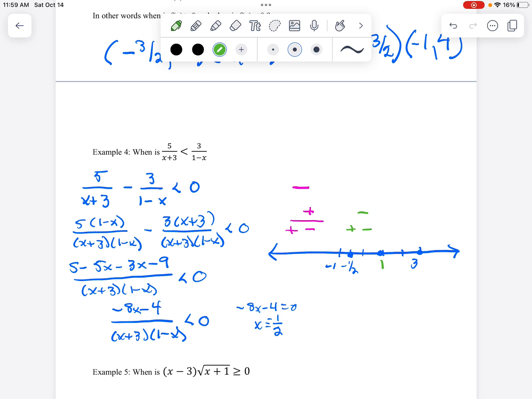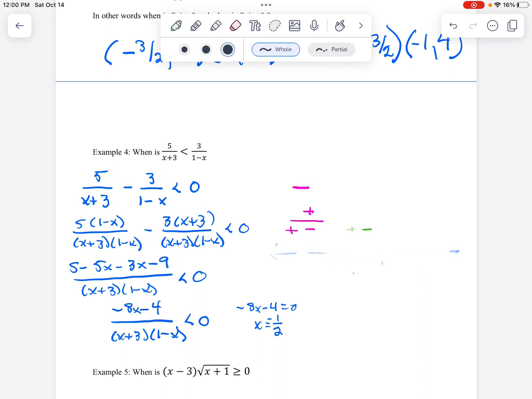Okay, when they're both the same, that makes me look. Did I make a mistake here? If I put in anything less than negative 1/2, like negative 1, that's going to give me a positive. I know what I did wrong. So sorry about this. Let's fix this.